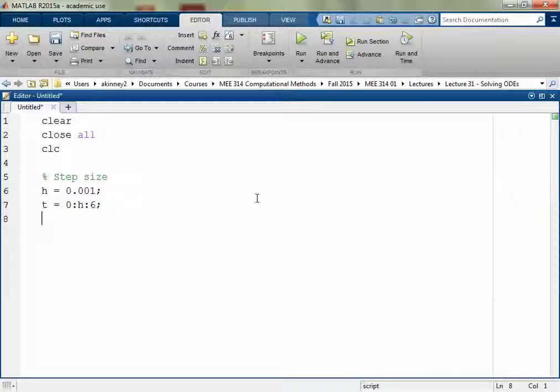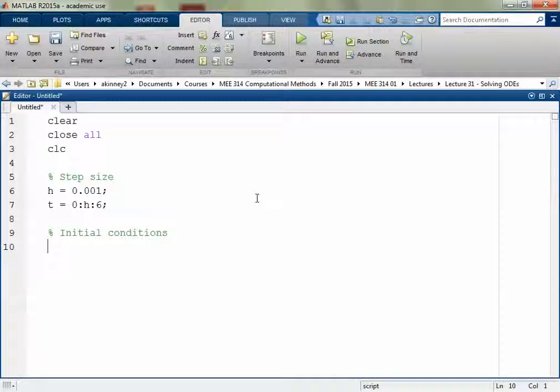And then before we get into our Euler's method, what other information do we need to establish? The initial conditions. Because we have two differential equations here, we need two initial conditions: one for theta and one for omega. So I'm going to say that my initial condition for theta, which I'm going to call theta Euler, is going to be pi over 3, and I'm going to put that in the first row, first column of my theta vector.